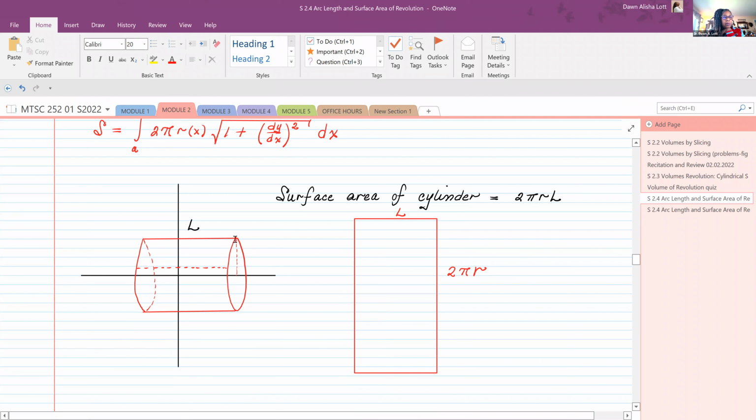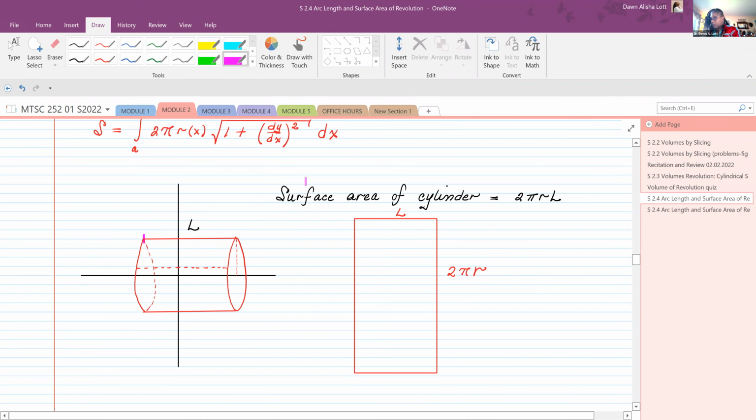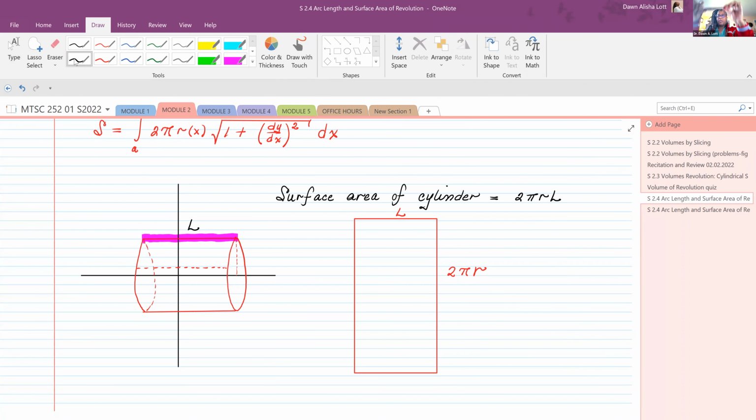And this cylinder, as you can see, I have this line L. If I take this line L and I rotate it like this, just take that one line and sweep it out, I'm going to get a hollow cylinder. Okay, so this is a hollow cylinder.